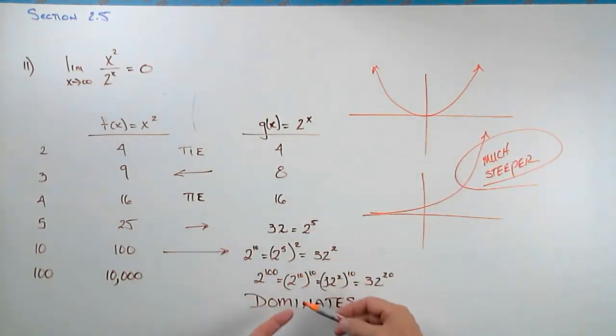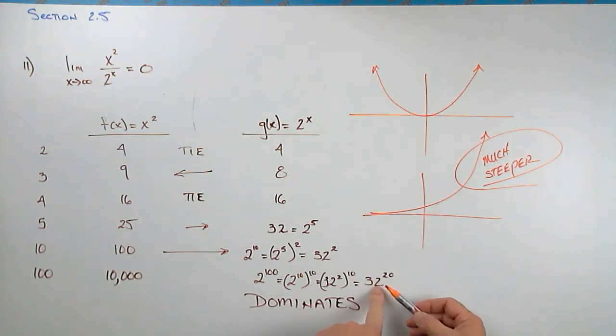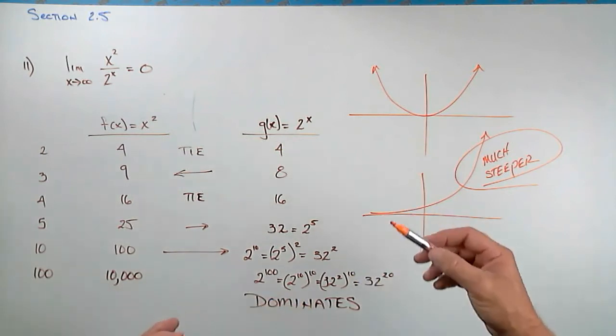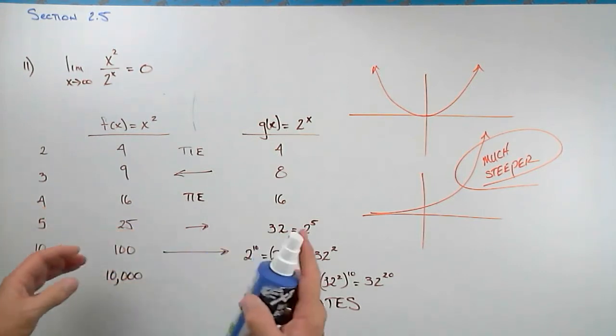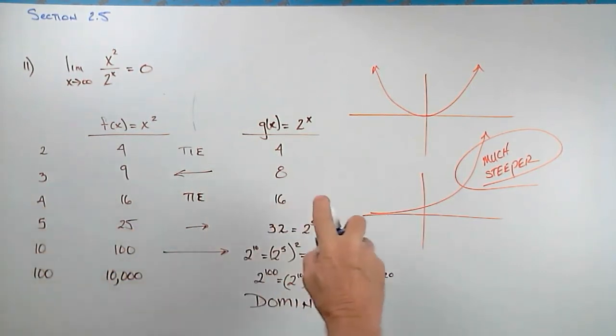This y value is all the way up to 32 to the 20th. This y value is only at 10,000. I know 10,000 is a big number, but relative to 32 to the 20th, it's not a very big number. So that's a very interesting problem, problem number 11.